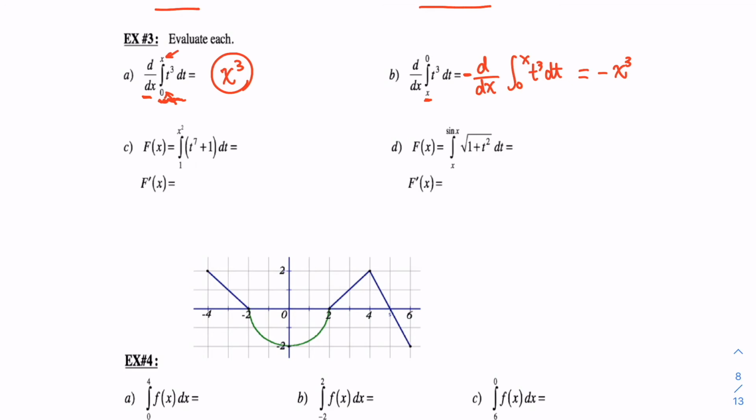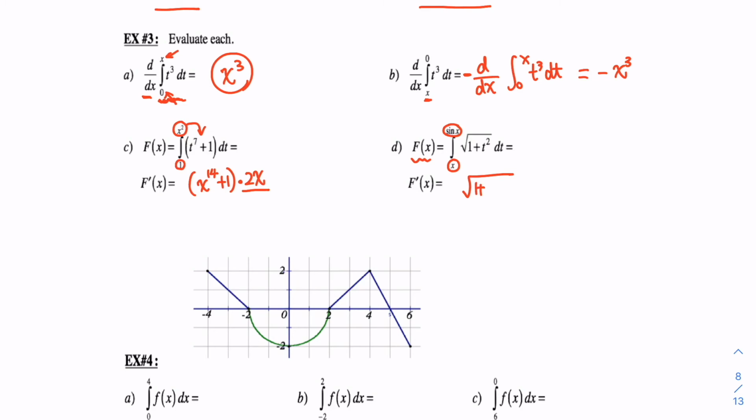And if you look at d, the lower boundary is a number, good. The upper boundary is x squared. In this case, when we plug x squared in, it's x to the 14th plus 1 times the derivative of x squared, which gives us 2x. But if you look at d, the lower boundary is not a constant anymore, and the upper boundary is sine of x. So in this case, we plug sine of x in.